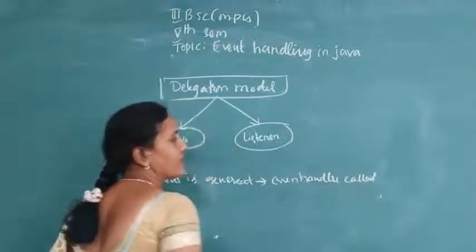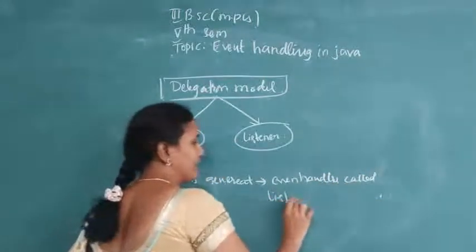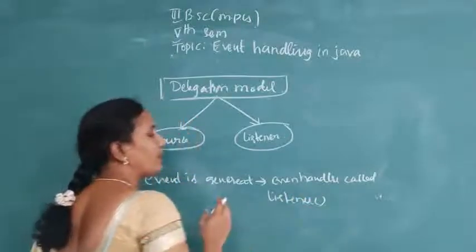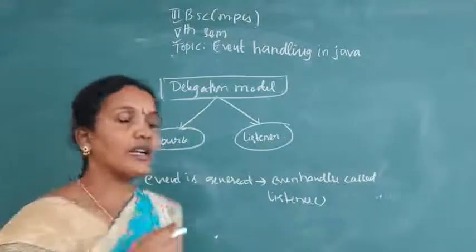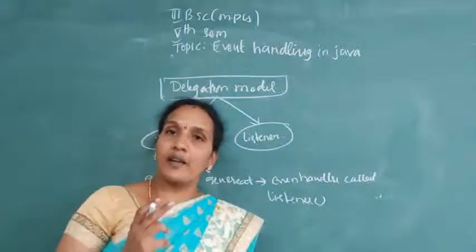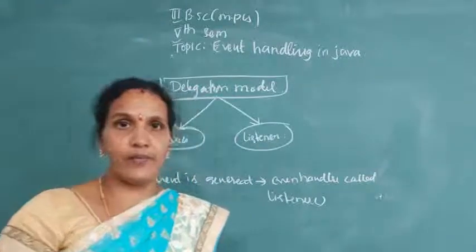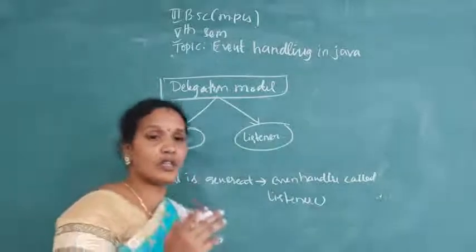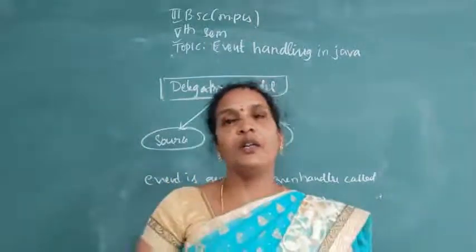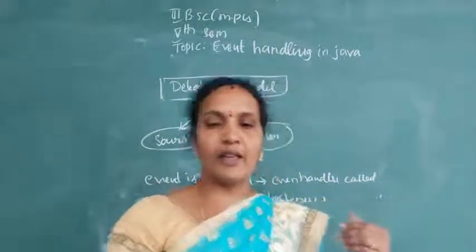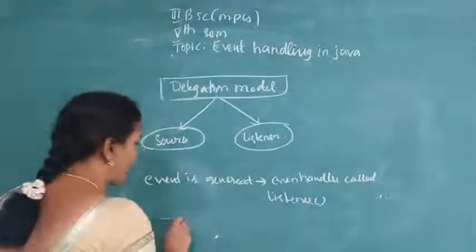That event handler is nothing but these listeners. So before performing that event, the source must be registered with the listener, and that registration is possible by using different methods.